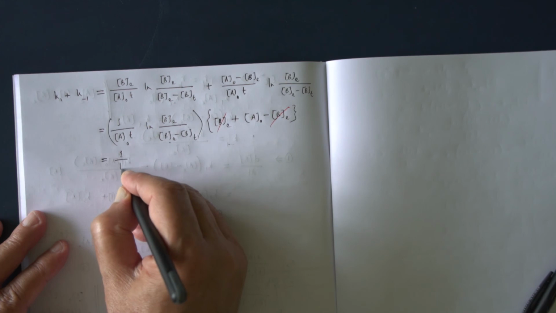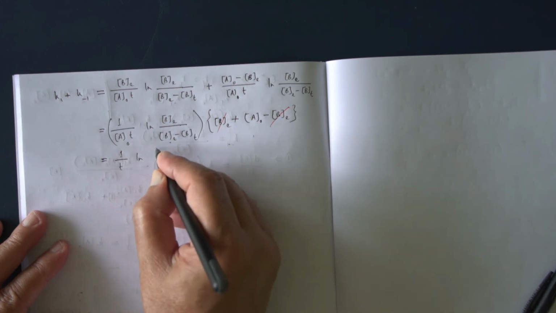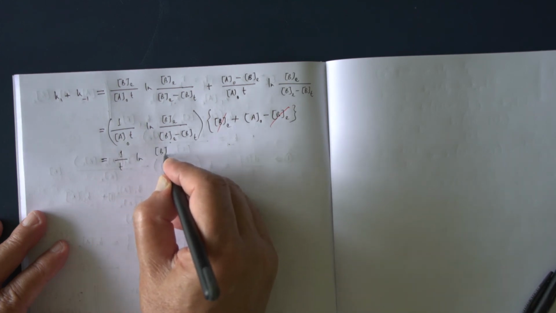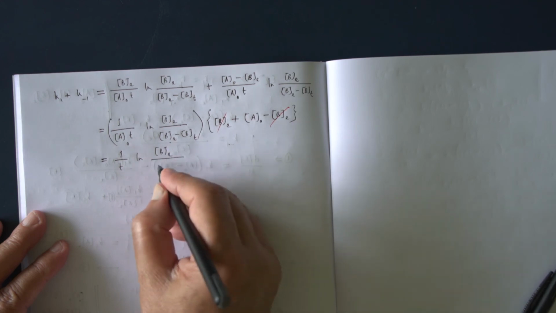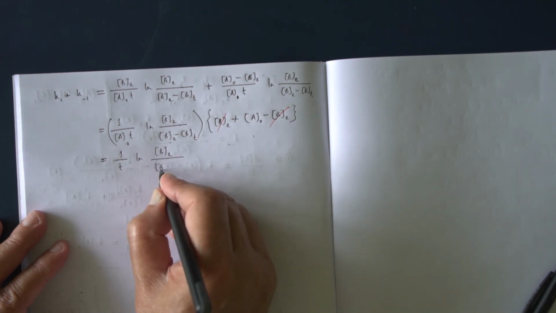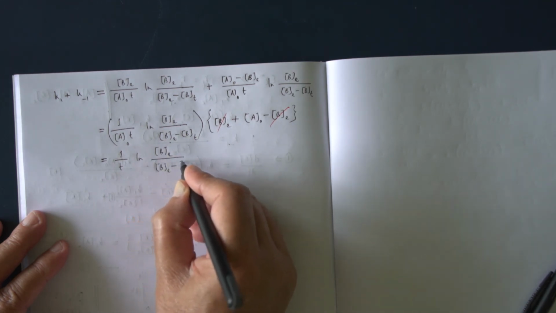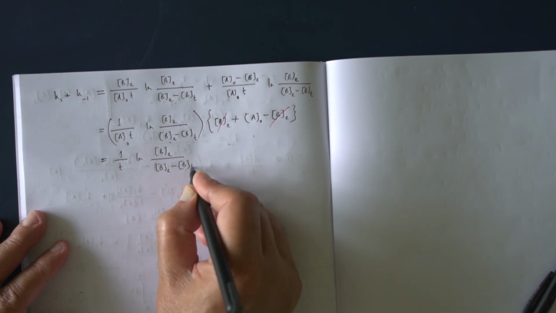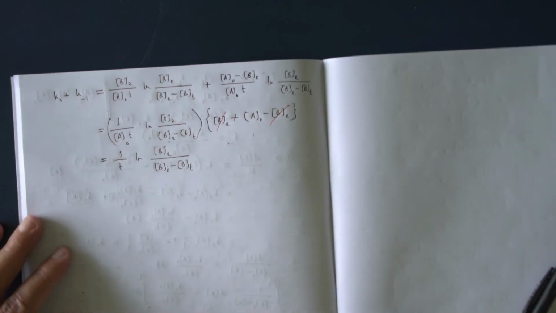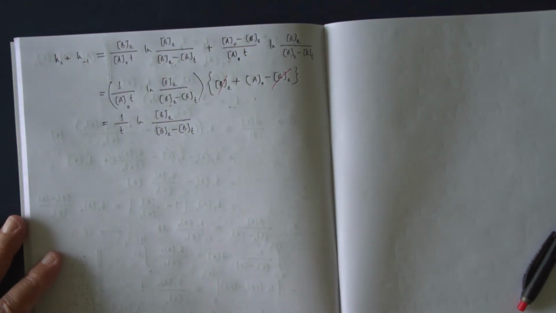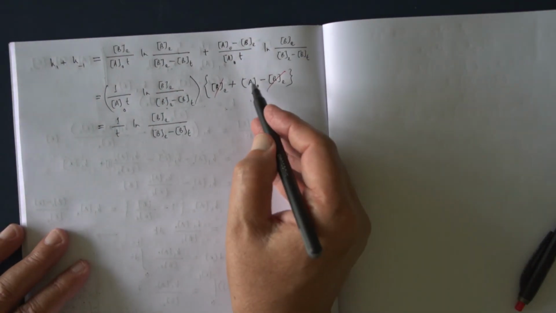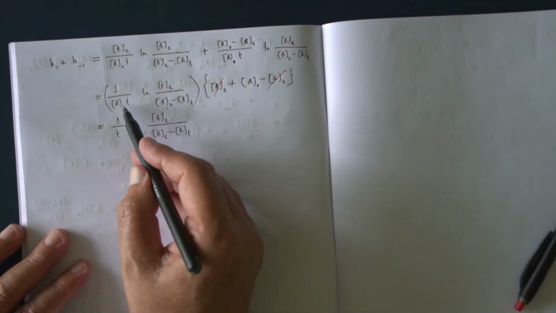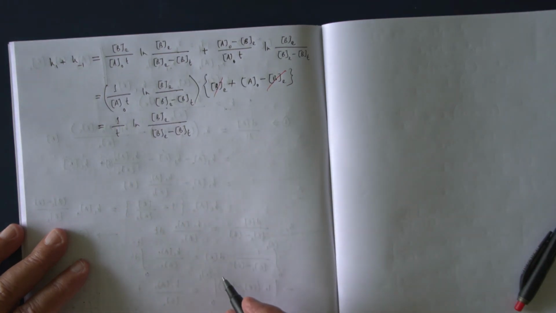then a naught cancels, so we will have 1 by t ln be by be minus bt. Okay, a naught will cancel out, 1 by t this.